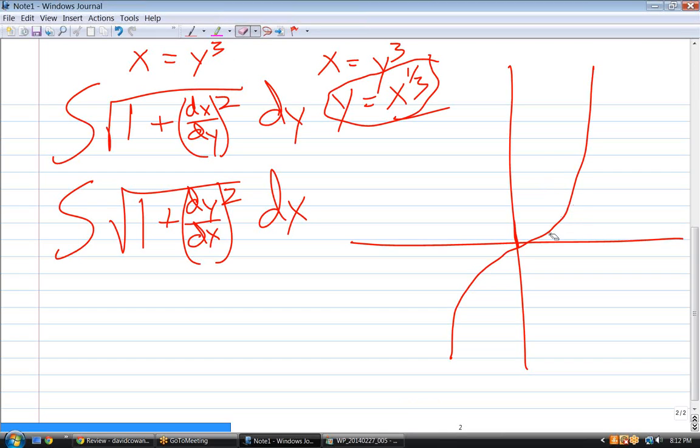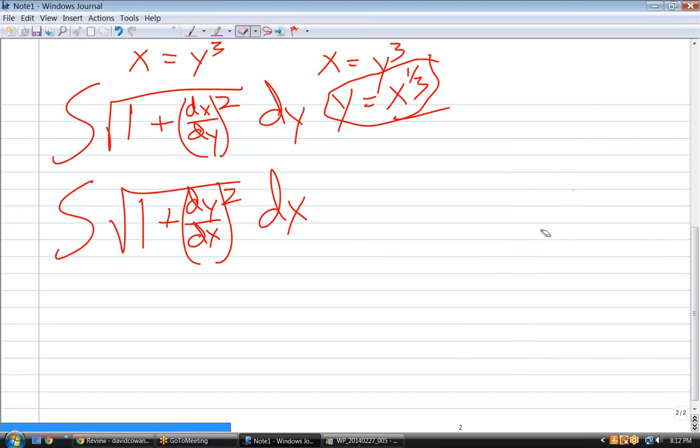Something's wrong with that graph. Let me think about that for a second. This problem's in the book even. Hold on a second.